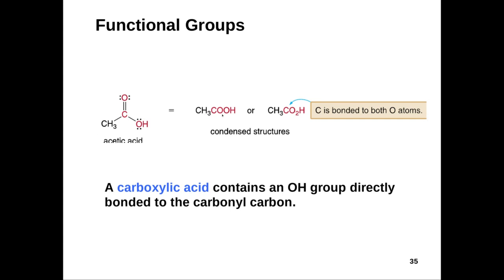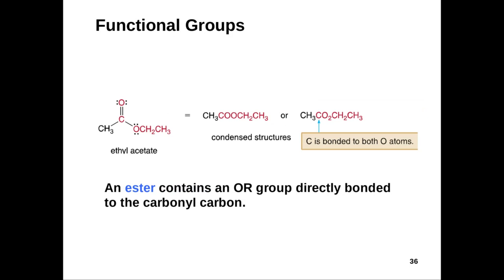Our condensed structure is typically the R group, the hydrocarbon, then COOH. Or, not commonly, but sometimes you'll see it written as CO2H. But again, most commonly you'll see COOH.